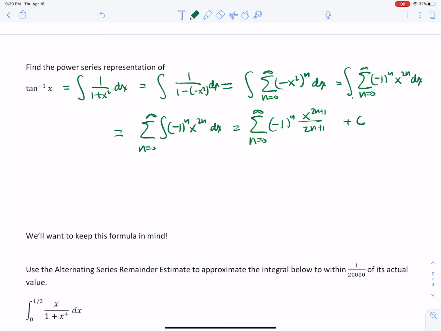And then I toss on a plus c. But let's take a second and see that we can actually tell what c is going to be in this case. Sorry, it should be plus c here. So plug in x equals 0.